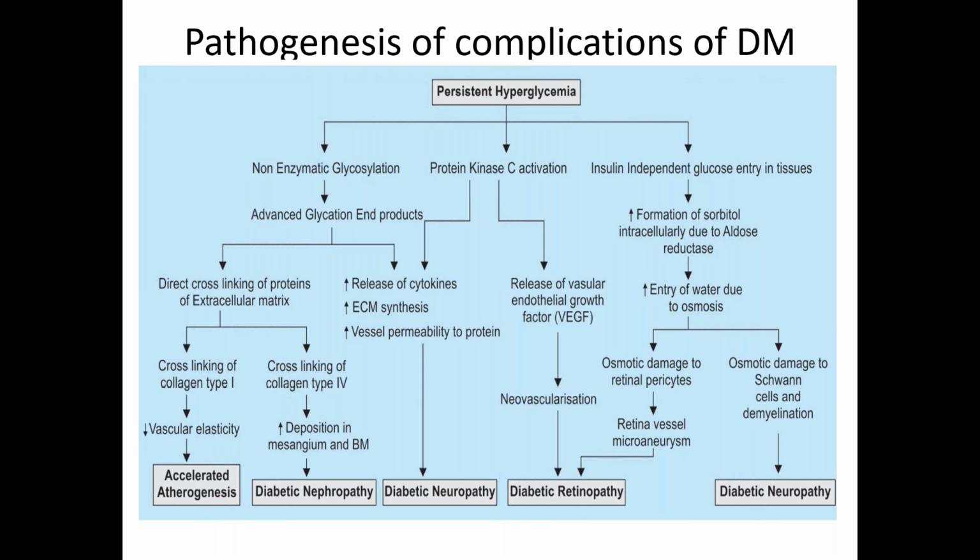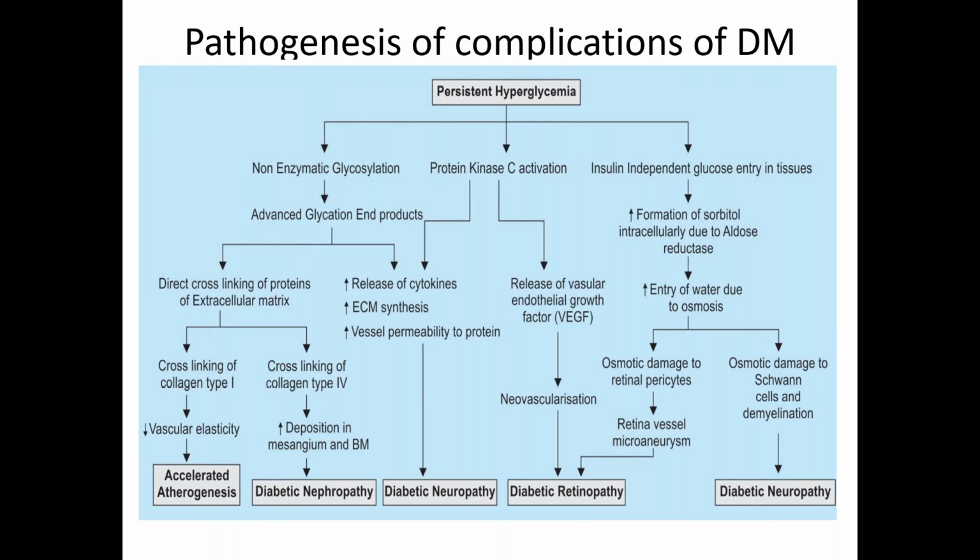And these glycosylation end products are not readily degraded, and there is no turnover, so they are permanently causing changes in the structure and functions of the extracellular matrix. So that is the basis for a number of complications and increased vascular permeability to protein, which causes diabetic neuropathy, retinopathy and other things.